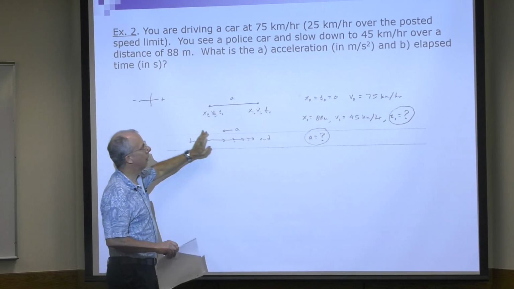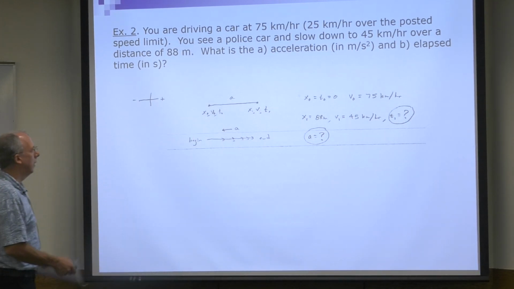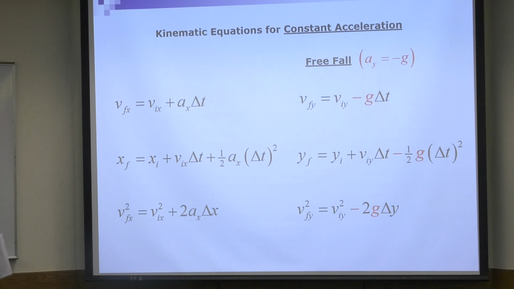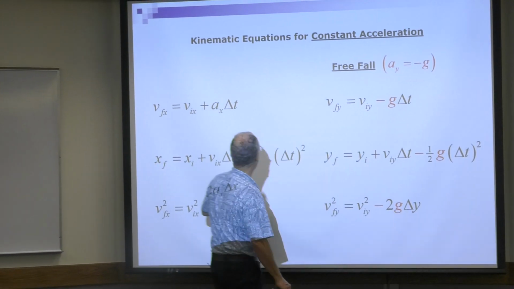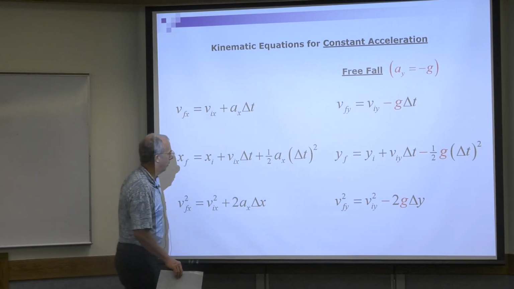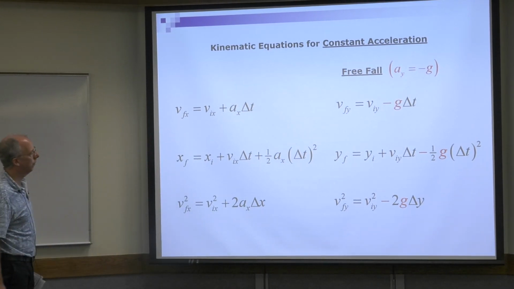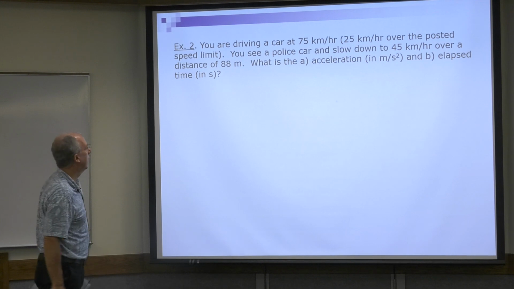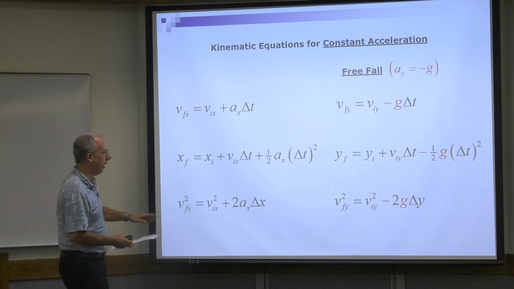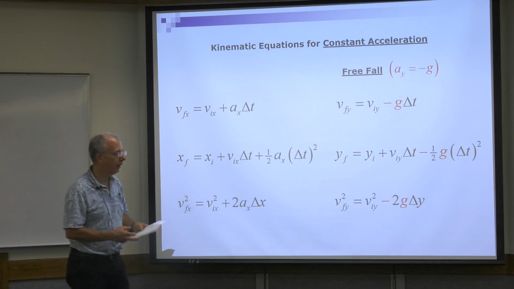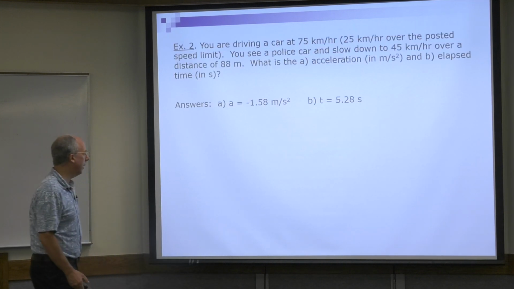All you have to do now for part A is look at the equations. This is not free fall, so you don't look over here. Look over here. So you just find the correct equation for part A for acceleration. And then for part B, you want to find the equation with time in it. However, I'll give you the answers.